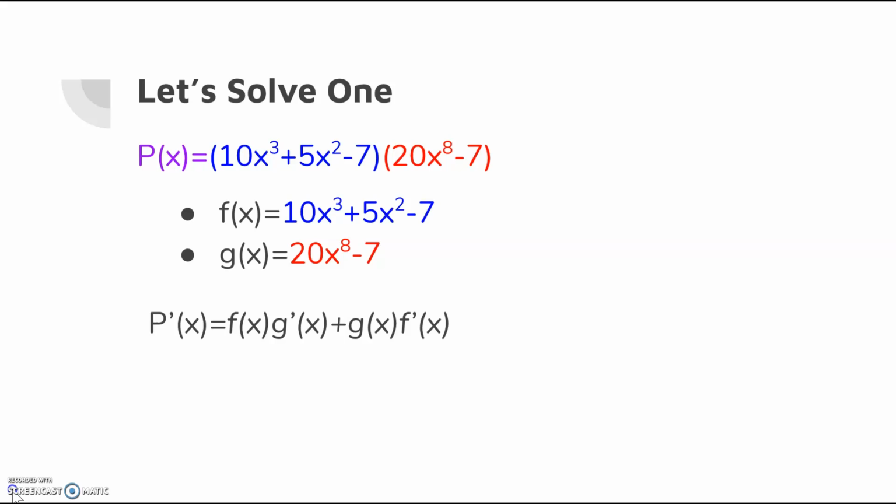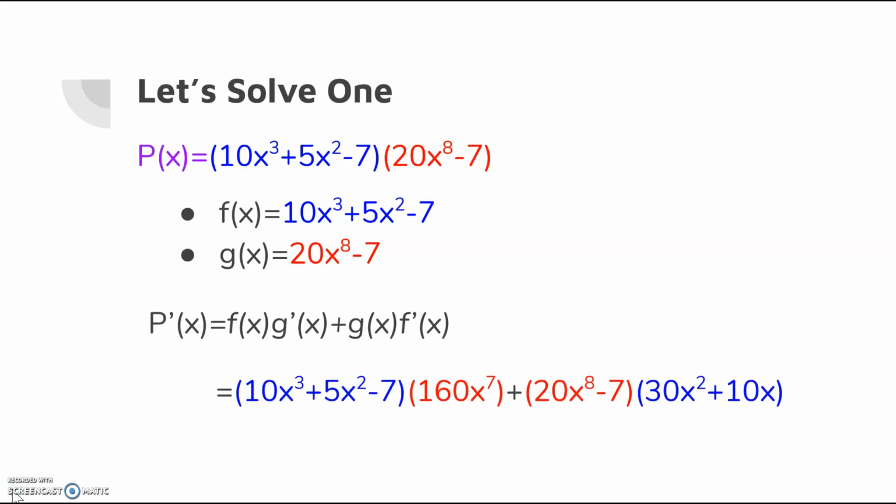So using the product rule, we have the first function being multiplied by the derivative of the second function, plus the second function being multiplied by the derivative of the first function, or this longer answer at the bottom here. And since we're just trying to find the derivative of p of x, we can just leave it as is, and there is no need for us to simplify this.